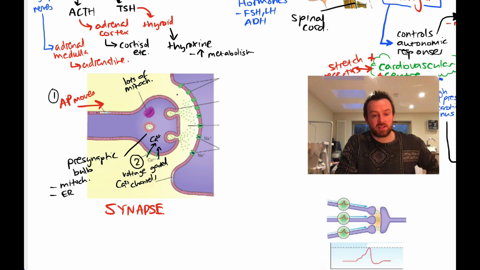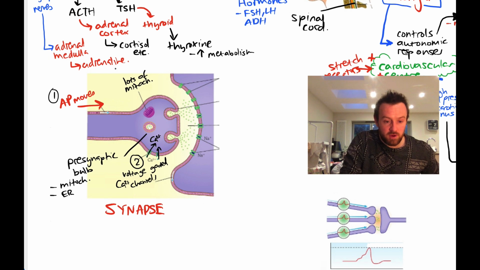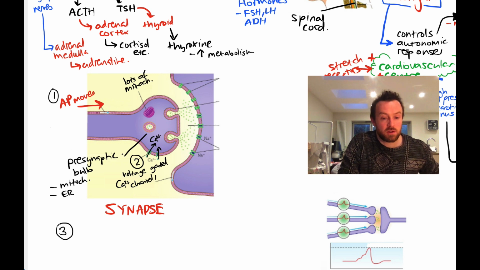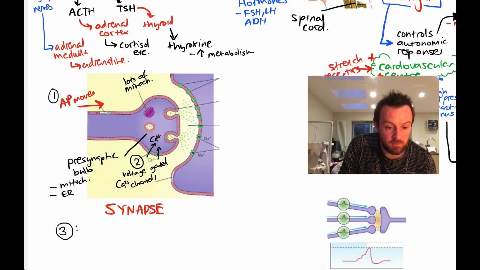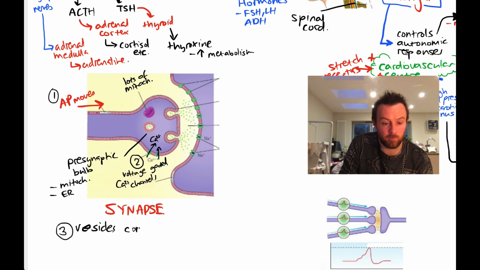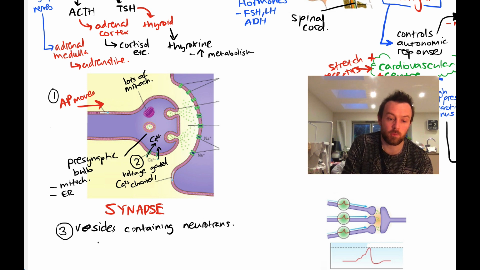Now that triggers point 3, which I'm probably gonna have to write underneath because I'm running out of space. So one, action potential moves in, two, calcium channels open, point 3, vesicles containing neurotransmitter, neurotrans for short, move to this membrane plus fuse.